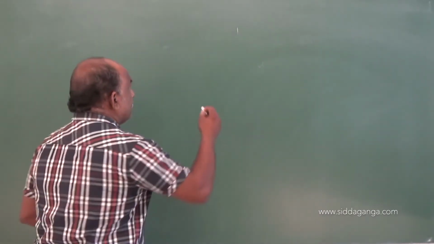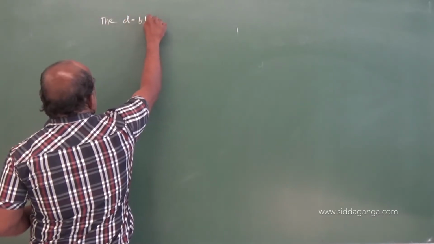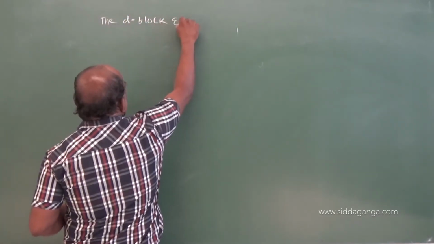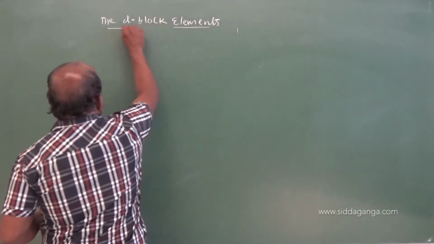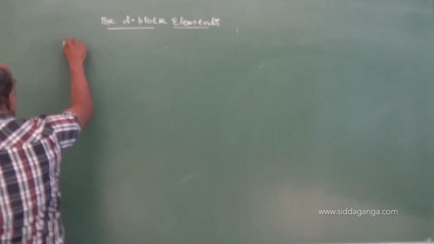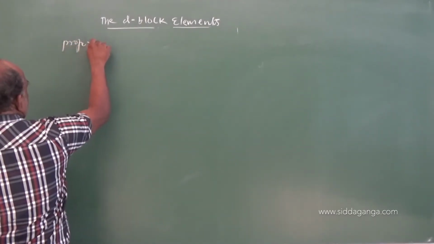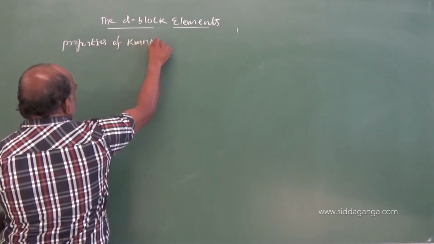So permanganate properties, d-block elements, properties of KMnO4.